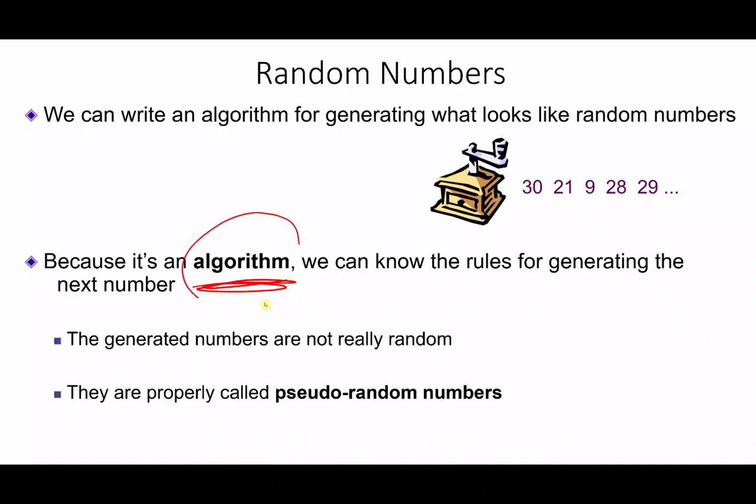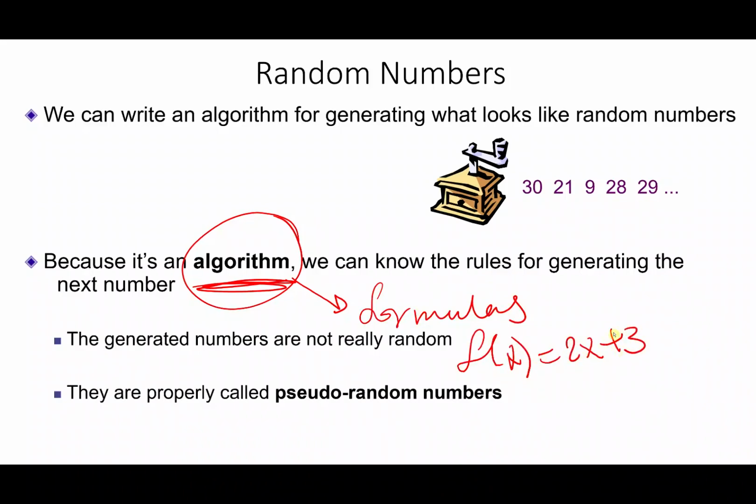And if we are controlling the input, we can control the output, right? Because pretty much the algorithm is going to follow some formula to produce the number, like f of x equals 2x plus 3. If I say x equals 2, you would know that 2 times 2 gives you 4, plus 3 gives you 7.